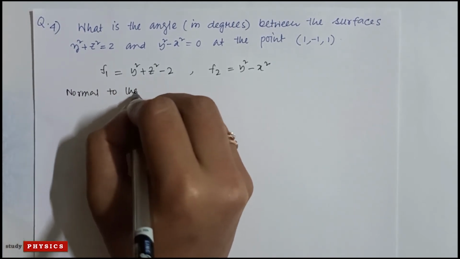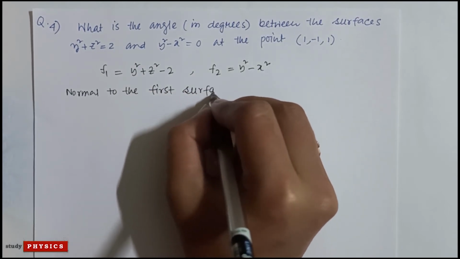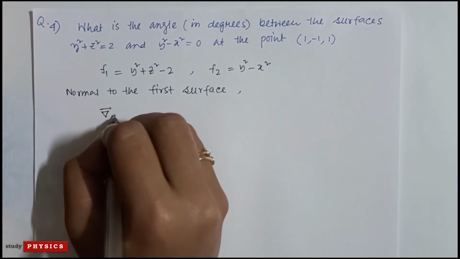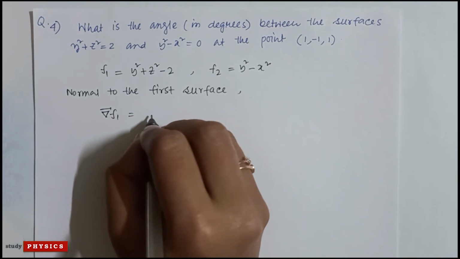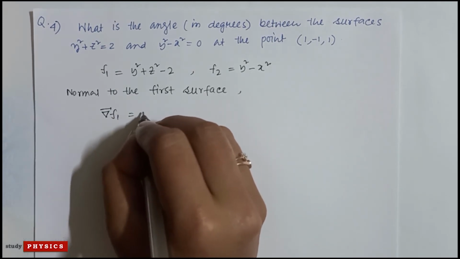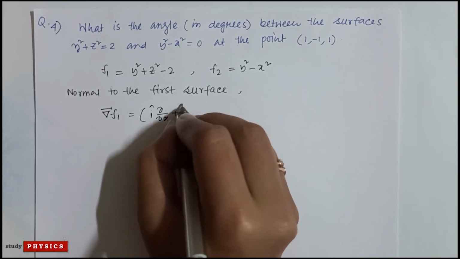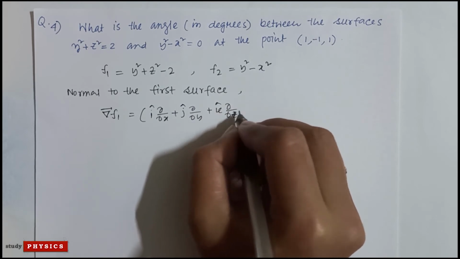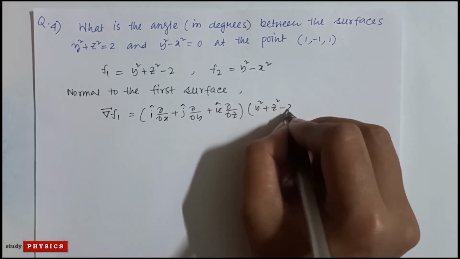So first, the normal to the first surface is grad f1, which is i cap del del x plus j cap del del y plus k cap del del z of y square plus z square minus 2.